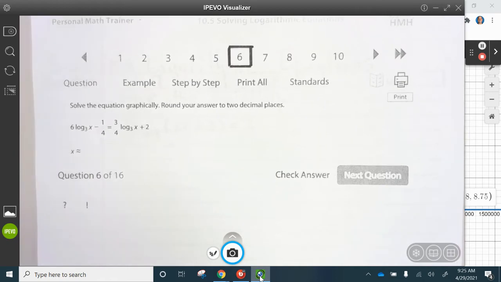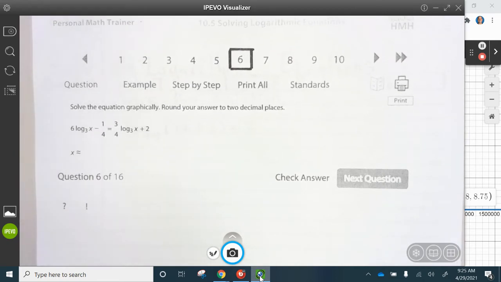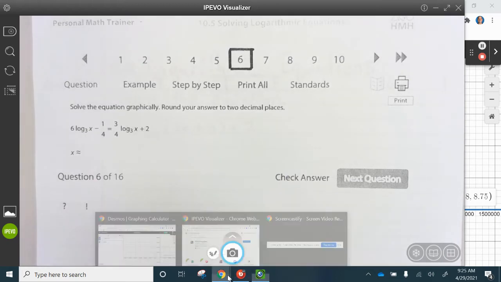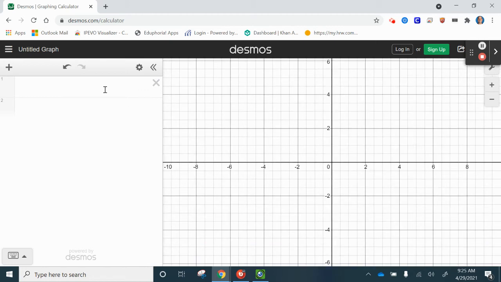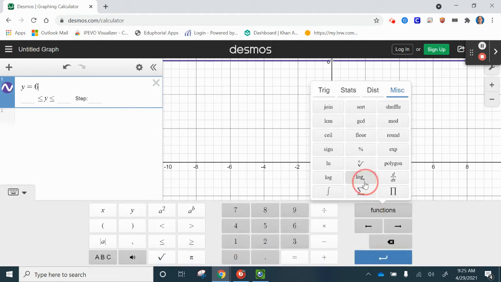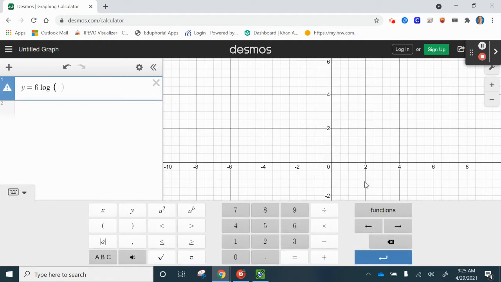All right, question 6. Solve the equation graphically. Round your answer to 2 decimal places. Okay, so let's go ahead and do that. Go back to Desmos. Press the home key. Y equals 6 functions log base 3 of x. Make sure the x is in the parentheses. x minus 1 divided by 4.